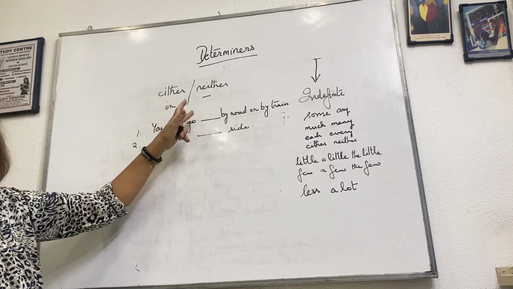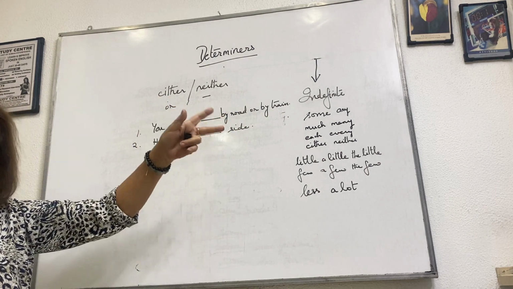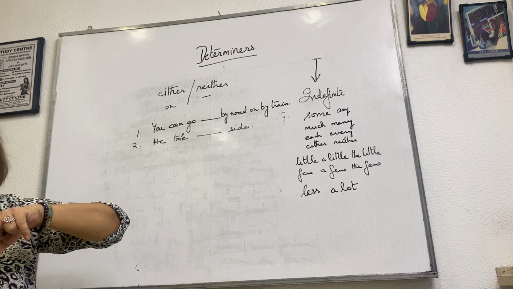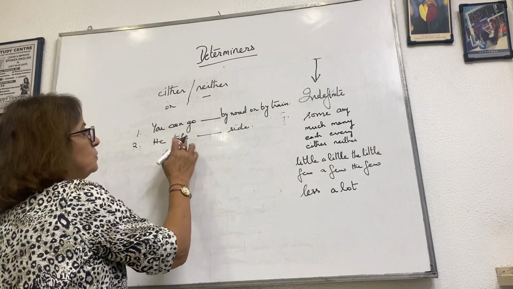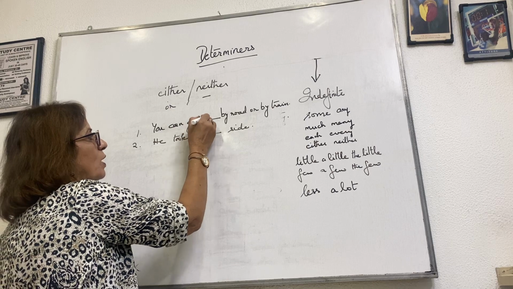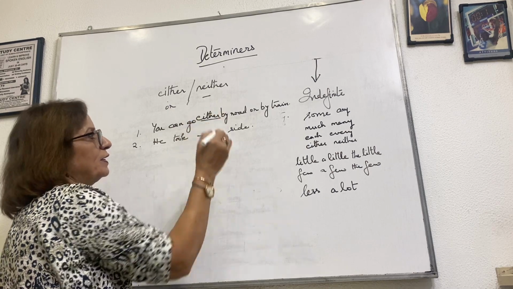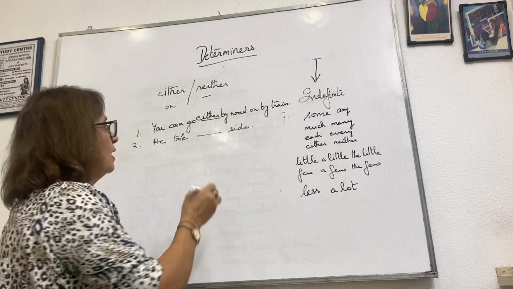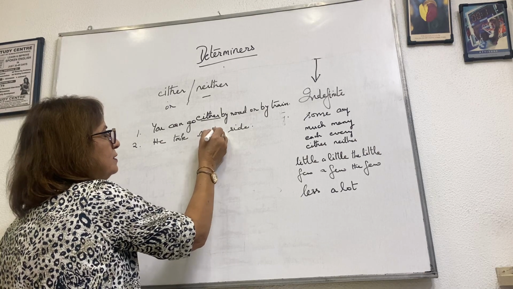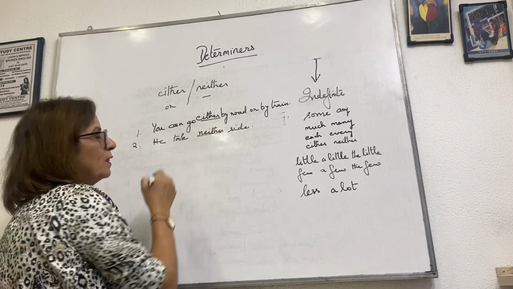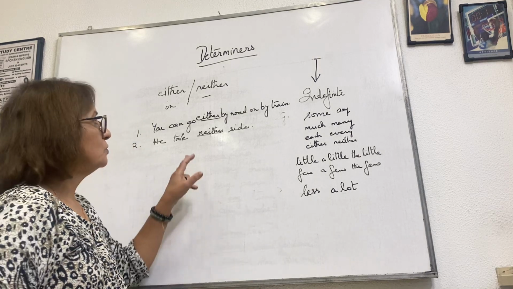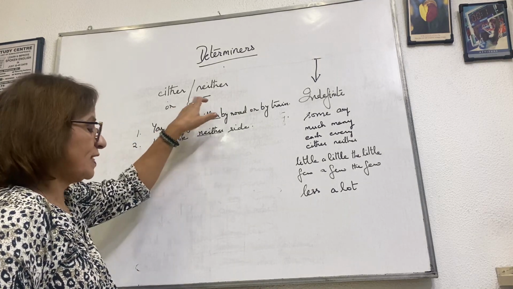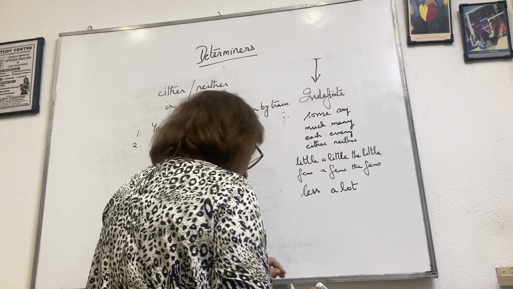This is a choice, so by bus or by road or by train. He can go either by road or by train. And he took neither side, not this side, not that. Negative. So we use either for choice and neither for negative.